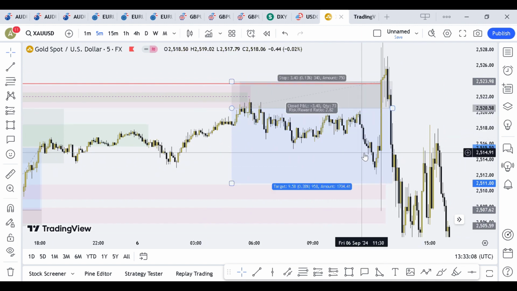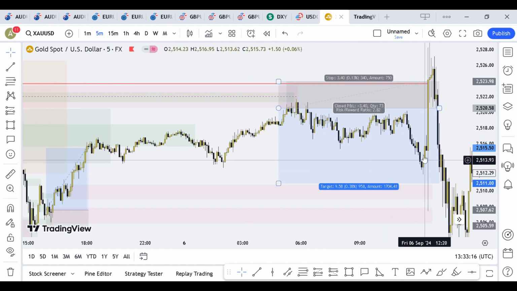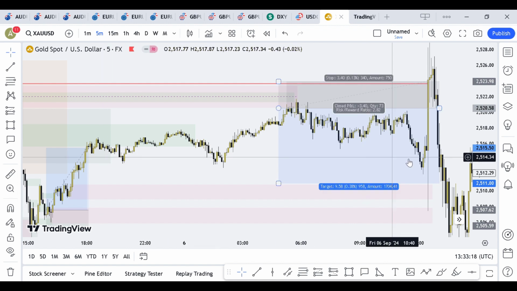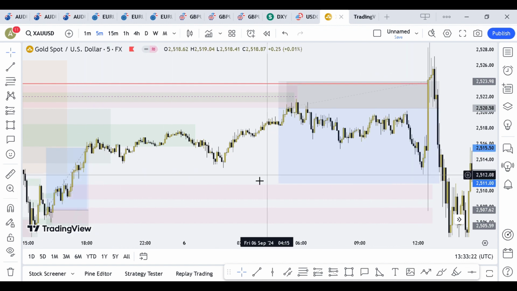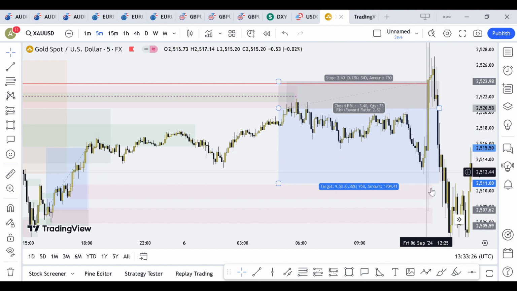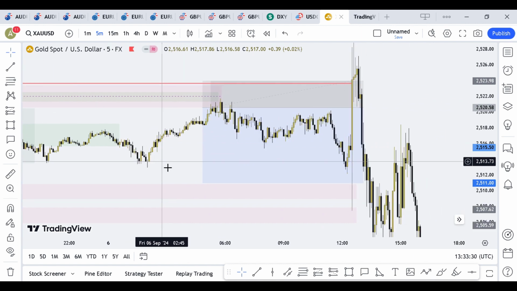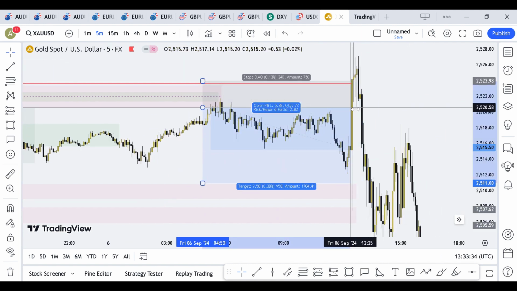So I was lucky. Let me just say that I was lucky because price came down, pulled back a little bit, then came down to take out all these lows that were built, all this liquidity, especially this one and this one and this one. So that means it hit my TP, then moved to the upside. So I think it played out something like that.